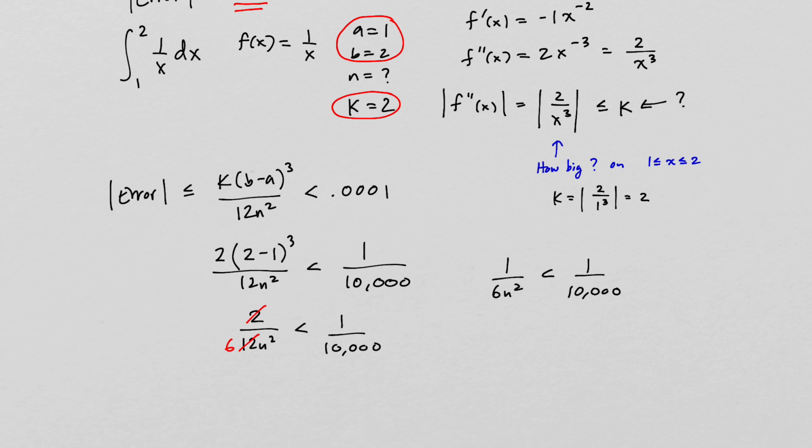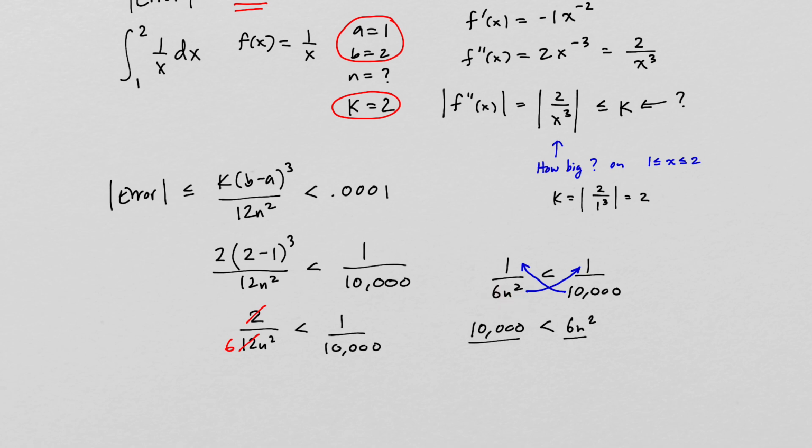Now a little trick that you can do here is when you have an inequality with two positive numbers, you can multiply the bottom number up to the top here, the bottom number up to the top here, and when you do that, the inequality stays facing the same direction. So 1 times 10,000 is 10,000, and 6n squared times 1 is 6n squared.